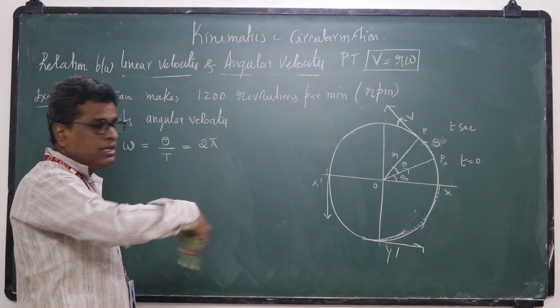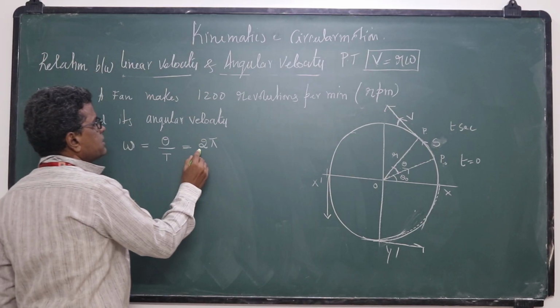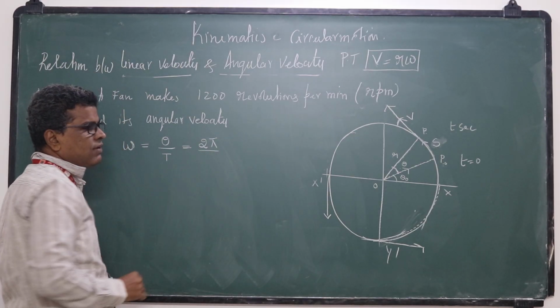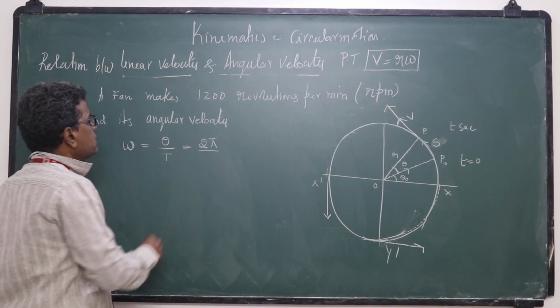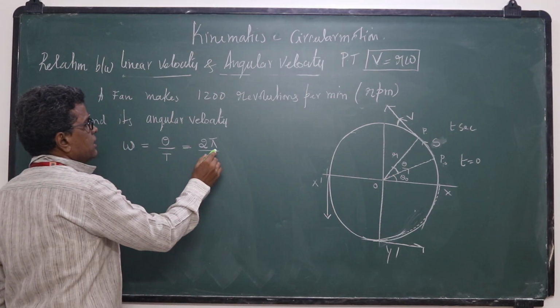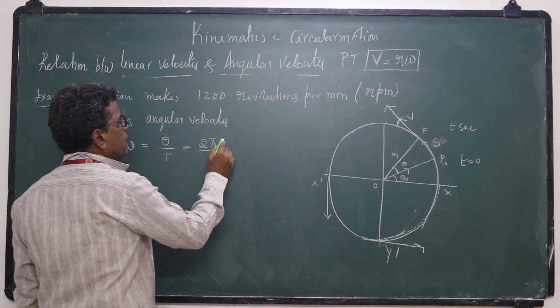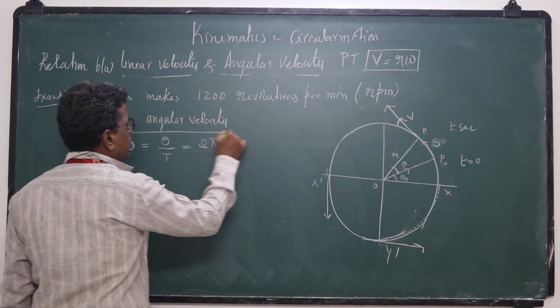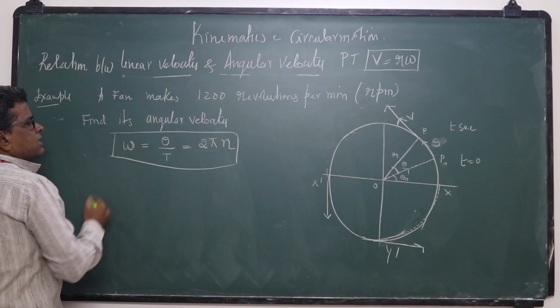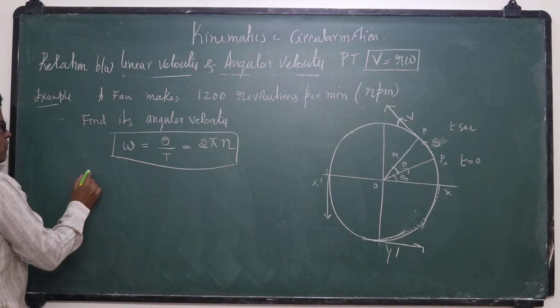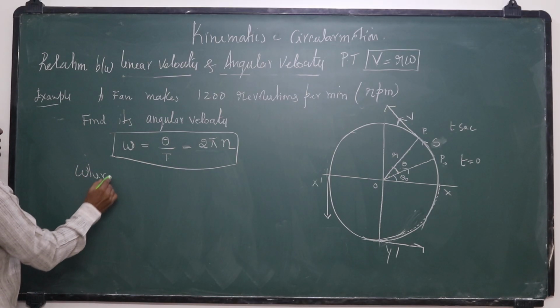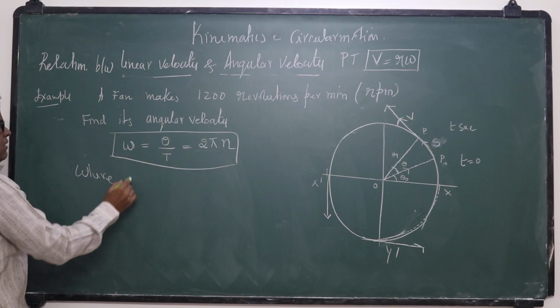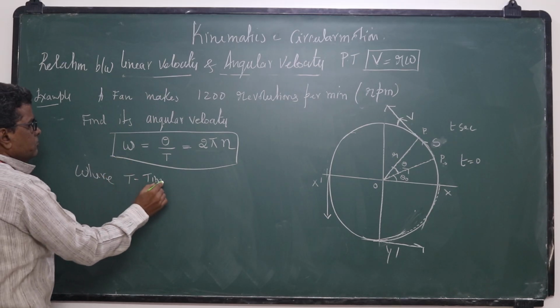For one revolution it turns 2 pi radians, and the time taken for one revolution is t, the time period. Instead of that we can write it as n. So this is another formula for angular velocity. Here I introduced another formula. You keep this one, where t is the time period.